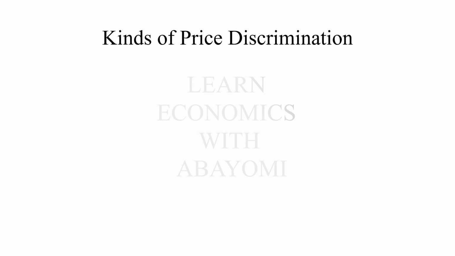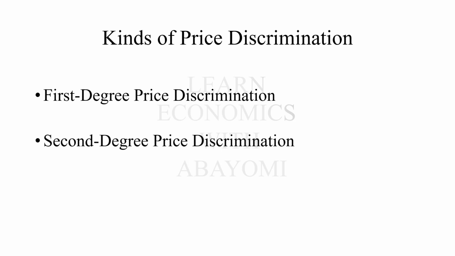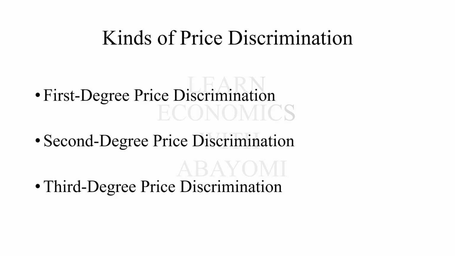We have three kinds. The first is first degree price discrimination, also called perfect price discrimination. The second is second degree price discrimination, and the third is third degree price discrimination. I want you to pay attention as I explain each of these, and it will help you understand it more.